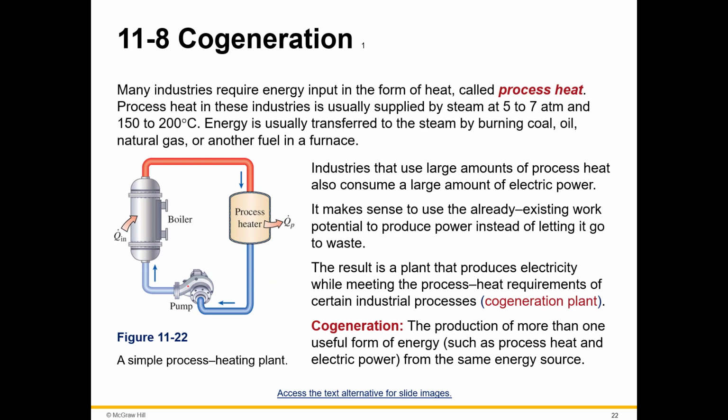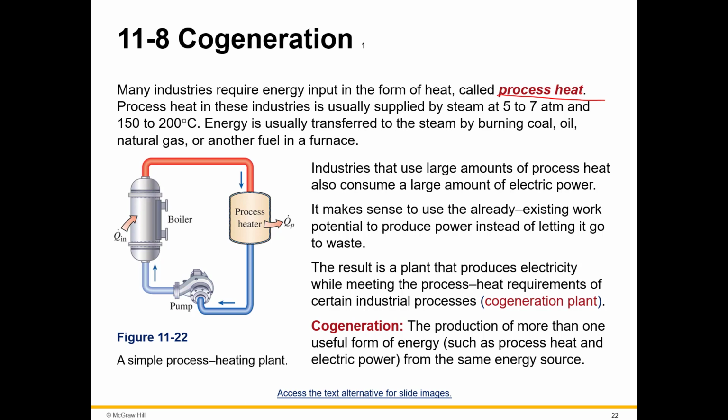The cogeneration. So many industries require energy input in the form of heat, and that's called the process heat. Okay. Process heat, and it's the energy input in the form of heat. So process heat in these industries is usually supplied by steam at 5 to 7 atmospheres and 150 to 200 degrees Celsius.